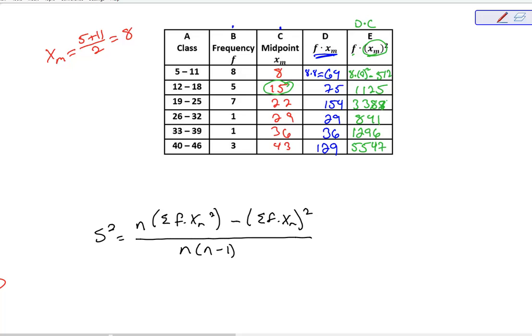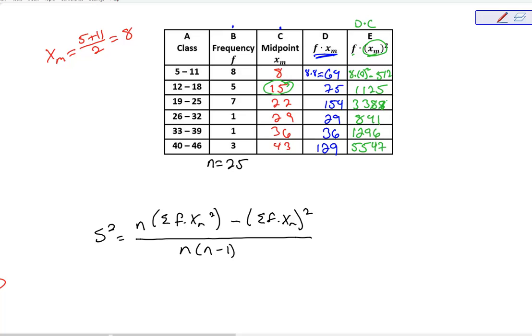Okay, so I know that I need to add up my n's, which n is how many total I have here. So that's 25.